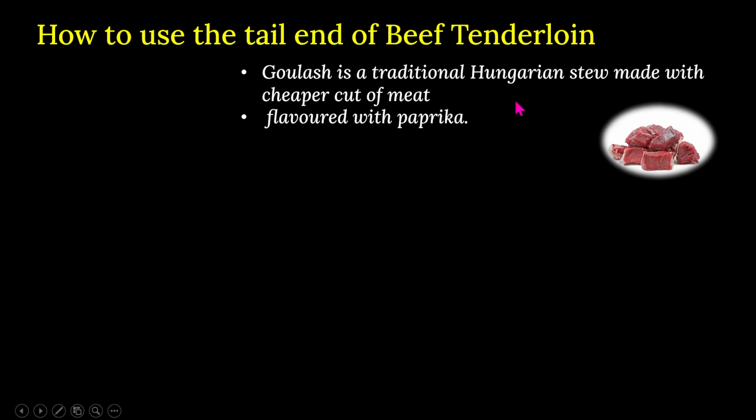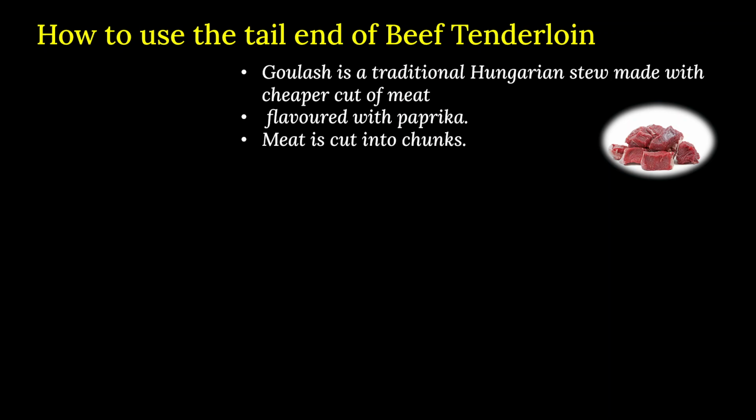It is very popular. The specialty of Hungarian goulash is that it is flavored with paprika. Paprika is a special chili from Hungary, which is not that hot, but it gives lots of bright red color to the preparation and a particular typical flavor.